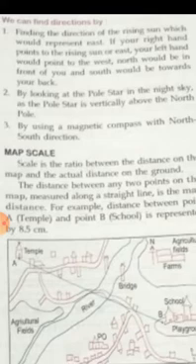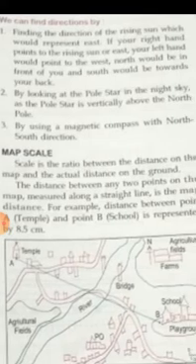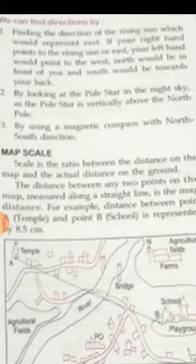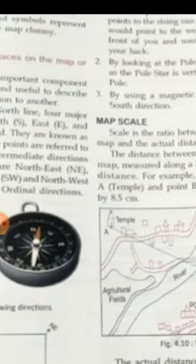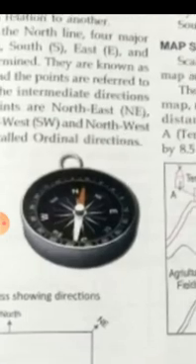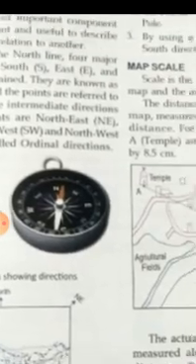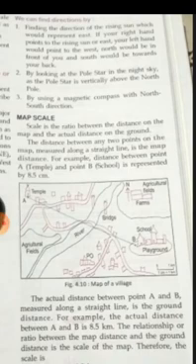And the third way to find direction is by using a magnetic compass with north-south direction. Just now you saw a picture of the magnetic compass. It always shows the north-south direction. So these are the three ways for finding direction at any place.